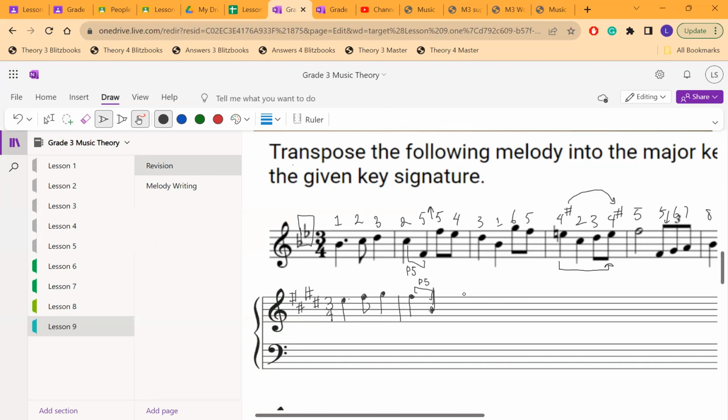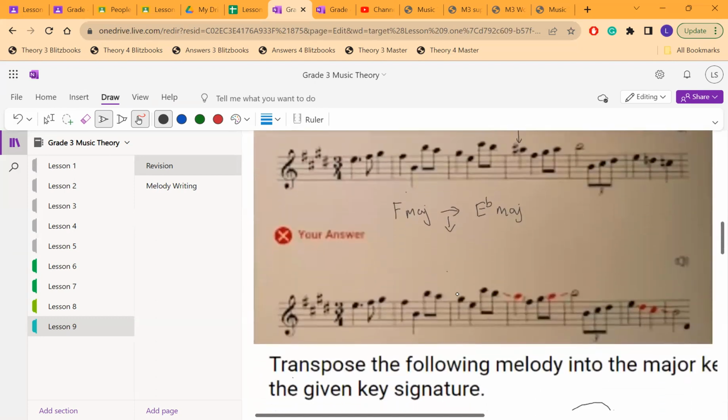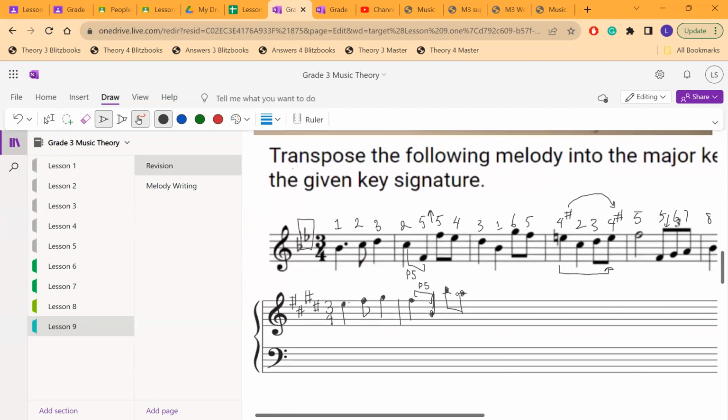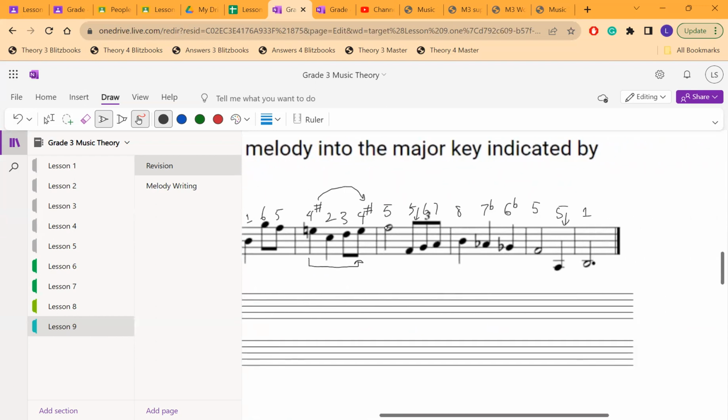Now this 5, up the octave, or did you do it up the octave? Yeah, okay. Transpose this into the major key indicated.